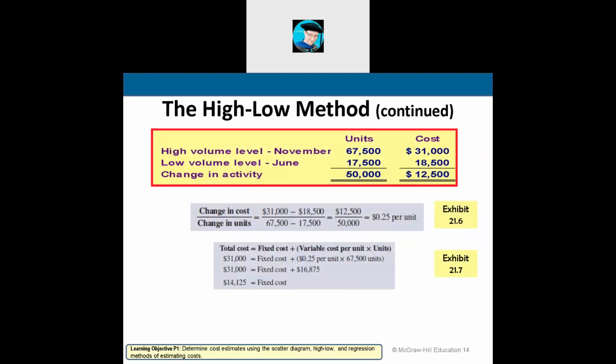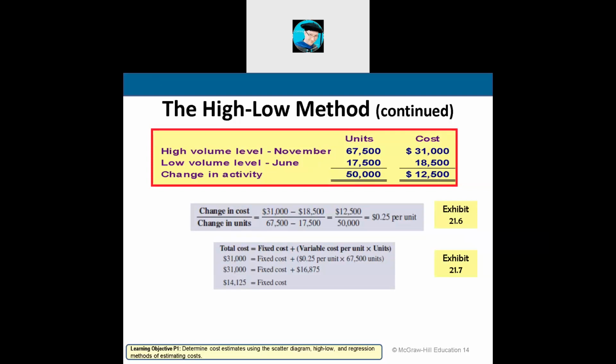So November was our high month, 67,500 units, cost 31,000. June was our low month, 17,500 units, cost 18,500. The first thing we want to do here is compute the change.